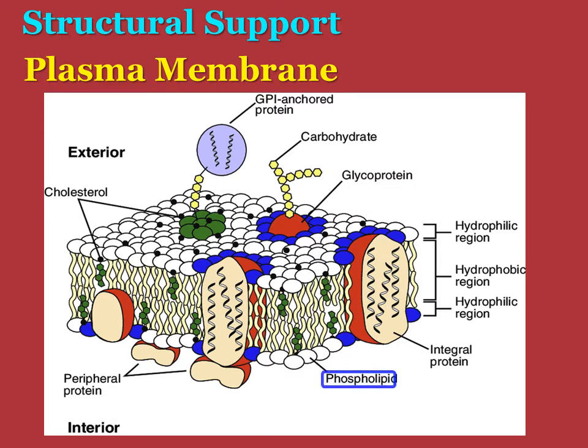Similar to prokaryotic cells, integral and peripheral proteins, as well as glycoproteins and glycolipids, are found in the plasma membrane. Unlike prokaryotic cells, the eukaryotic plasma membrane also contains cholesterol for further rigidity.